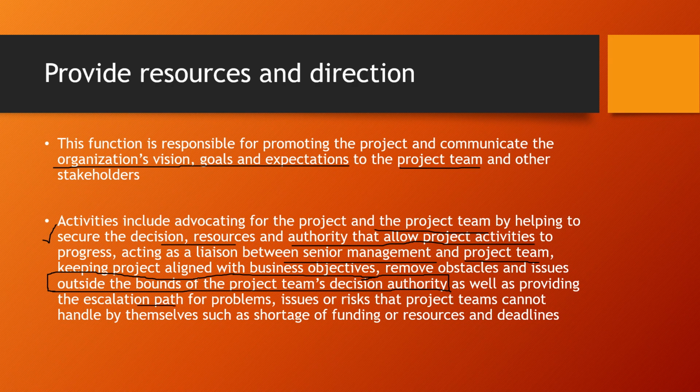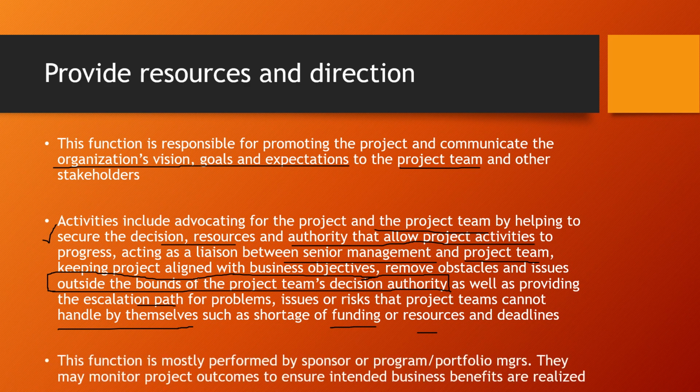So this function is also the escalation path for problems, issues, or risks that project teams cannot handle by themselves. It could be shortage of funding or resources. So what would you do if you are out of funds or if you are short on funds on your project, right? You are obviously going to reach out to the sponsor of the project or the program or portfolio manager responsible for your project, right?